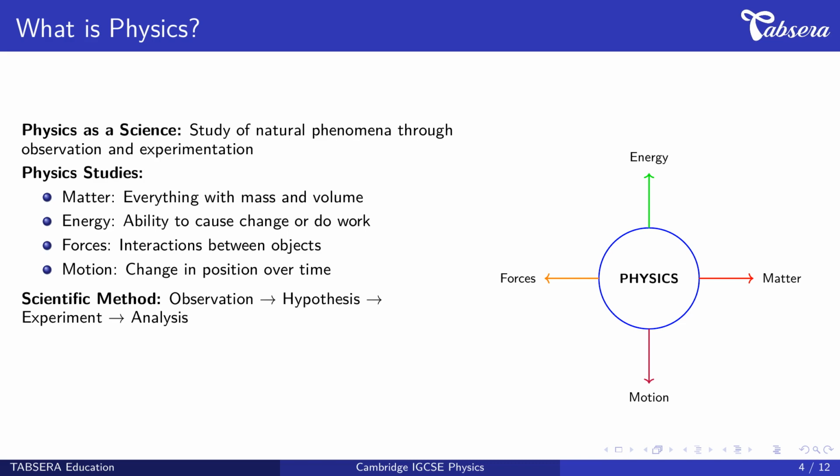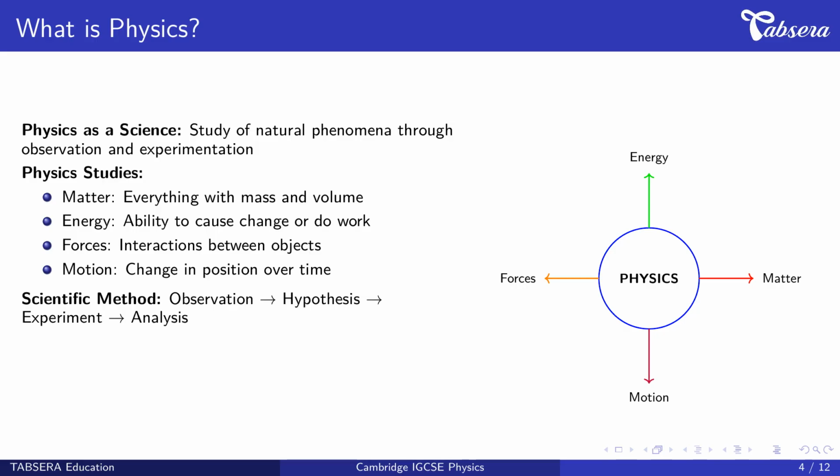First, matter, everything that has mass and occupies volume, from atoms to galaxies. Second, energy, the ability to cause change or do work, existing in many forms like kinetic, potential, and thermal. Third, forces, interactions between objects that can cause acceleration or deformation. Fourth, motion, change in position over time, described mathematically.